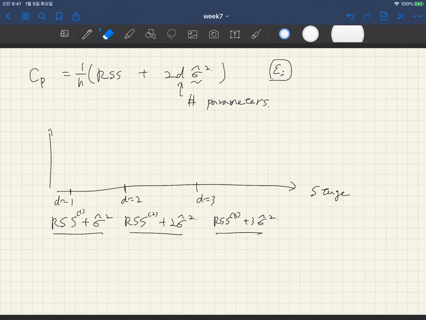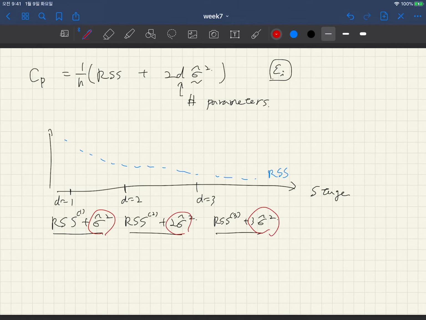In the Cp value, the RSS part always decreases as you increase the number of parameters or input predictors, because you have more degrees of freedom, so you can get a nicer fitting model for your training dataset. But this penalty term will increase as you increase the number of input predictors.